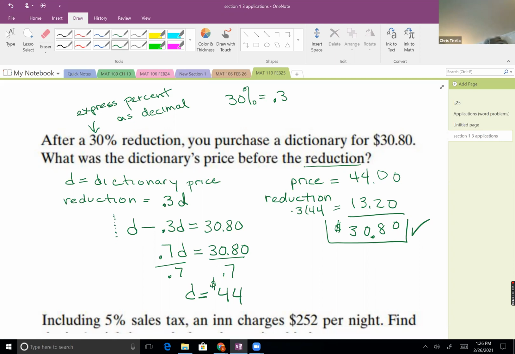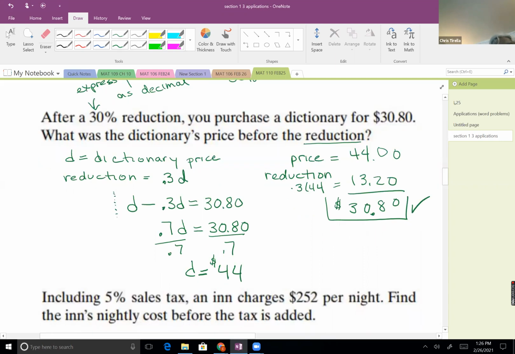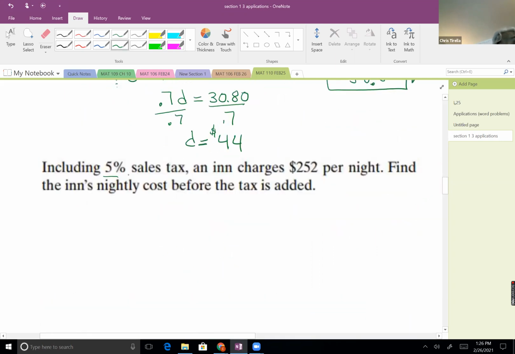Next one similar, yet different. Because the next one involves a percent, and we're given the price after that percent is applied, but it's a tax that's being added.